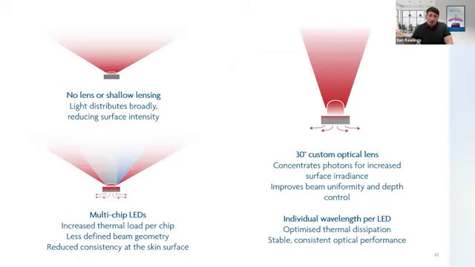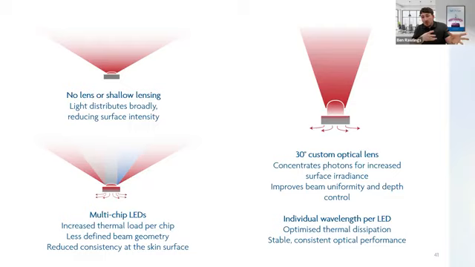Next, when it comes to the actual mechanics of the LED itself, oftentimes you'll see broad spectrum, no lensing on an LED, and typically that outputs a 120-degree cone.